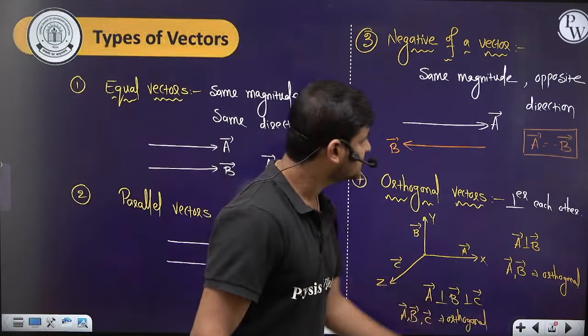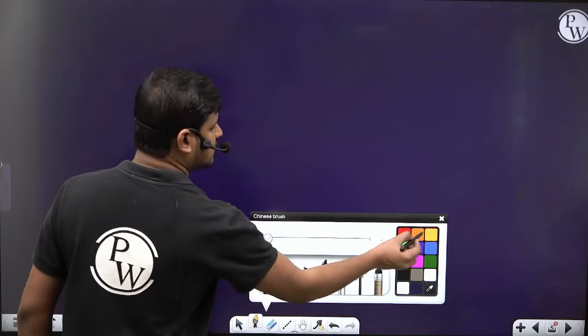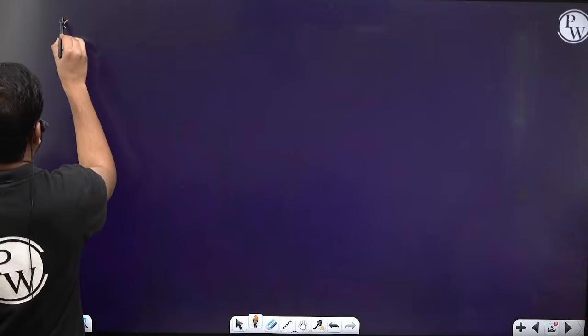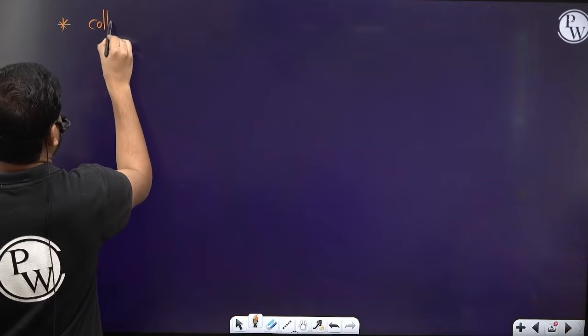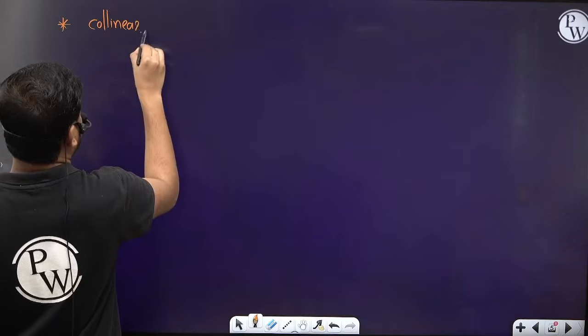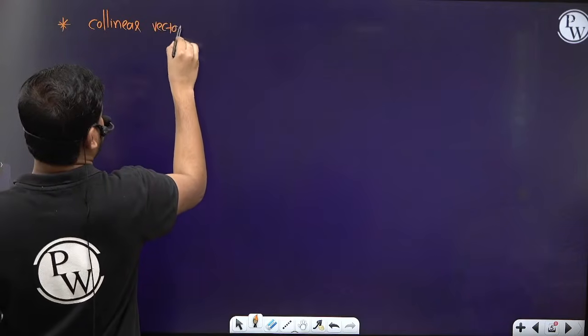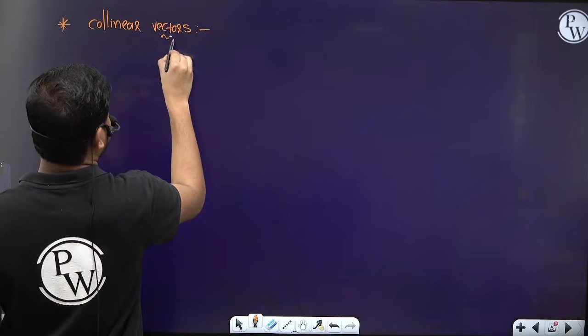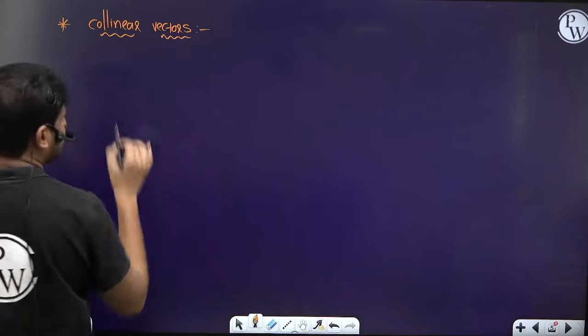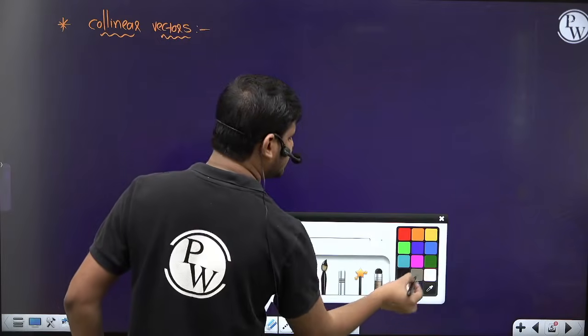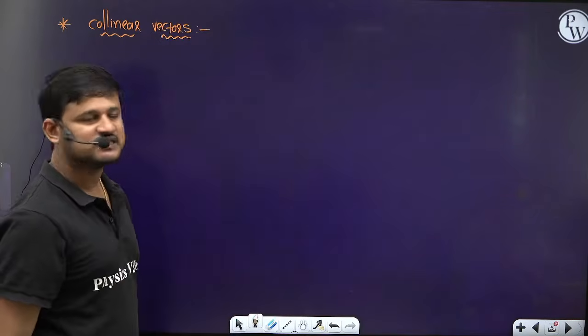Next, the collinear vectors. So what does it mean by collinear? Collinear means vectors which originate at the same point or terminate at the same point.